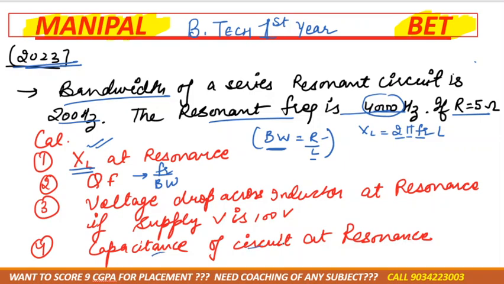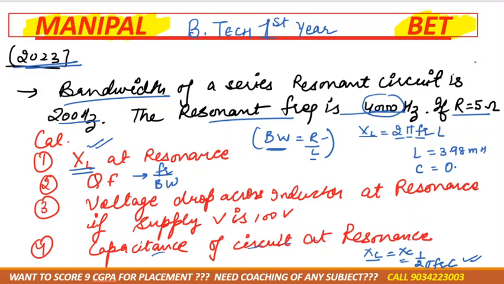They ask you the capacitance of circuit at resonance, so XL is equal to XC. So XL we know, we have calculated from here, and XC is equal to 1 by 2 pi FRC, right? FR we know, that is given 4000 hertz. Can we get C?